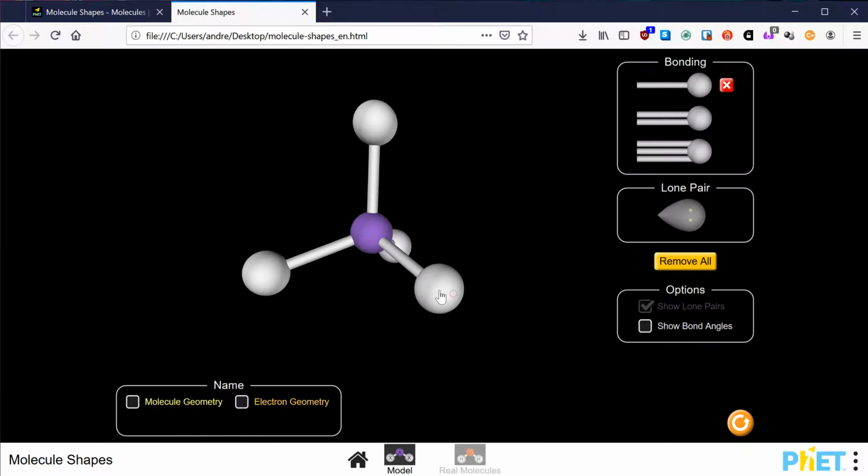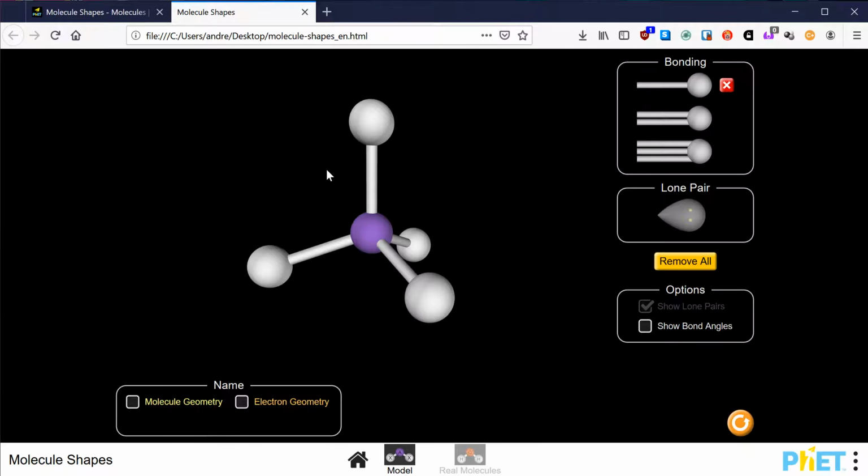Now, if you look at this hydrogen here, if this hydrogen and this hydrogen are flat, then this one here is coming towards you. It looks like it's pointing towards the screen, whereas this hydrogen here is pointed backwards. So we can see here, starting with AX4 molecules, these are the first molecules where we see that the molecule actually has 3 dimensions.